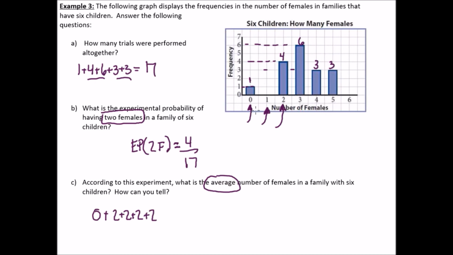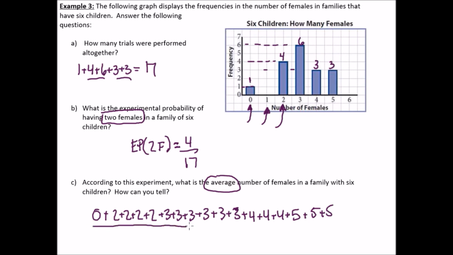There are 6 families with 3 females. 1, 2, 3, 4, 5, 6. Okay, there are 3 families with 4 females. 1, 2, 3. Sorry, there are 3 families with 5 females. 3 families with 4 females, 3 families with 5 females. That's right. 1, 2, 3.